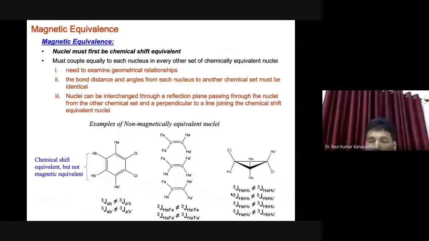We will discuss this under this topic. Magnetic equivalence means that in the molecular structure there are two nuclei.